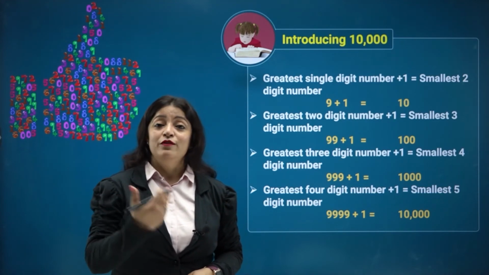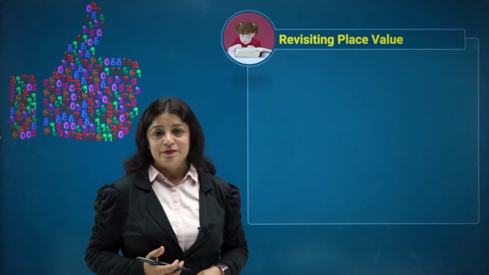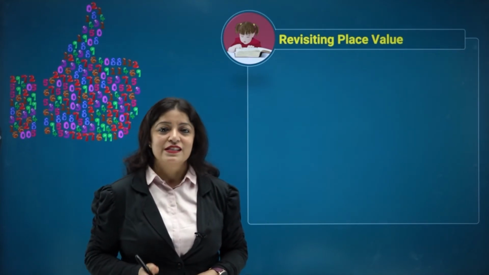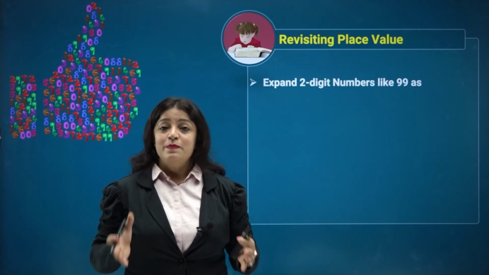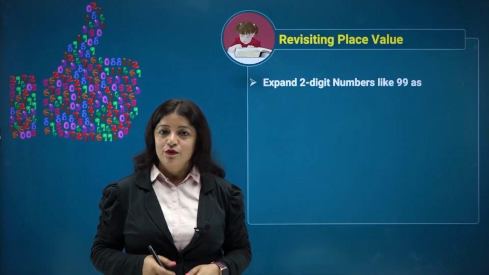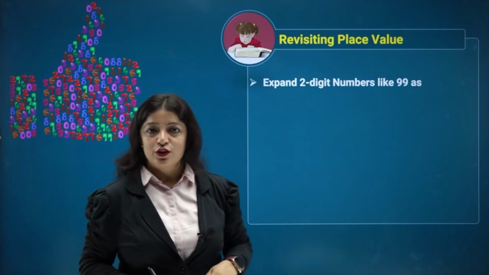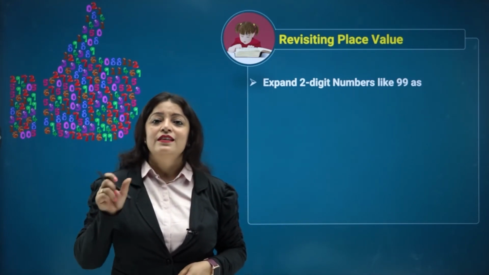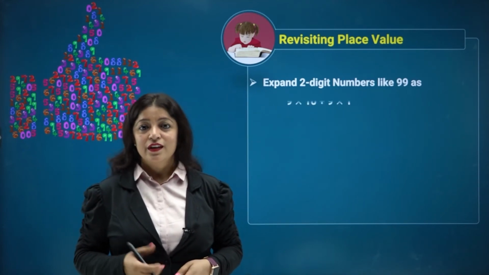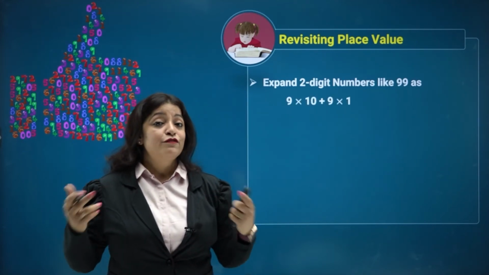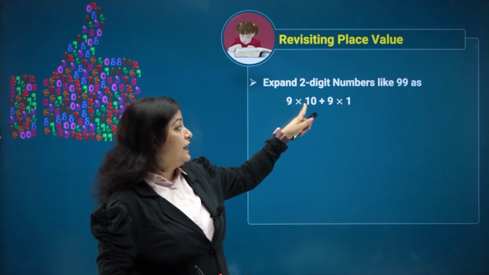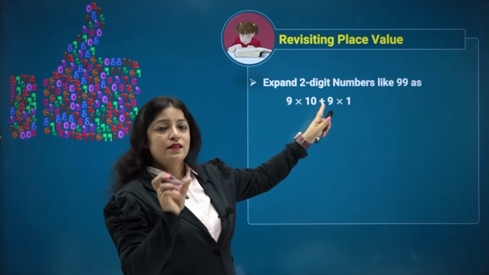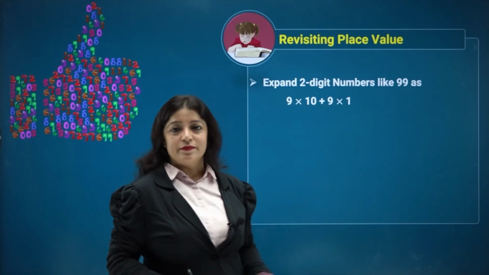Now, how and where we can use these numbers? For this, let us revise the place values. So expanding a 2 digit number given to you, for example, 99 is given to you. How can we expand 99? You can write 99 as 90 plus 9. Okay, but 90 can further be split as 9 times 10 plus 9 can be written as 9 times 1.